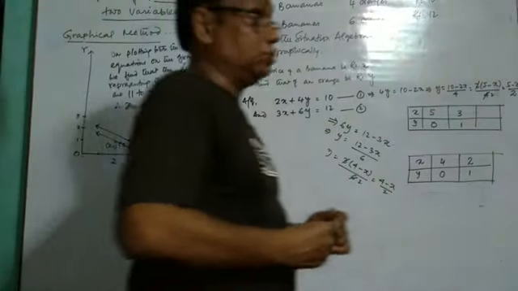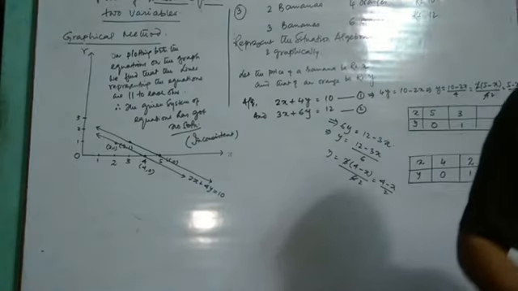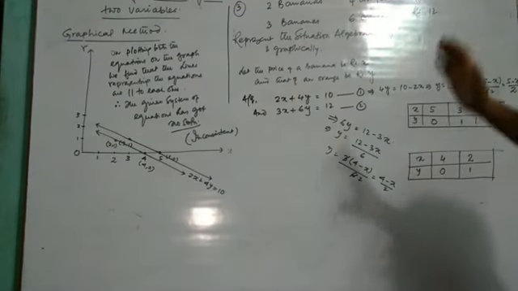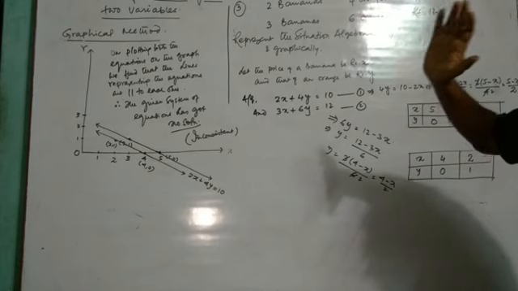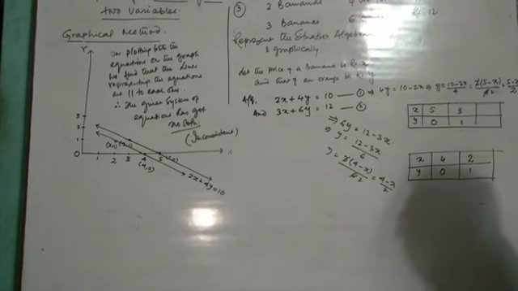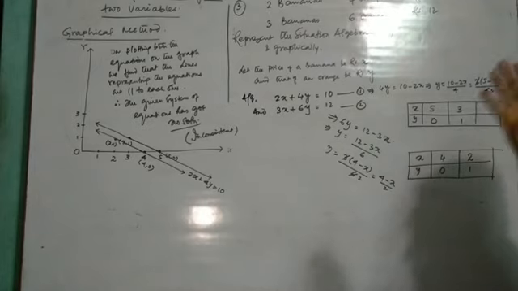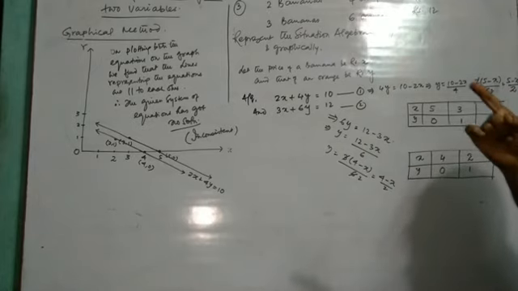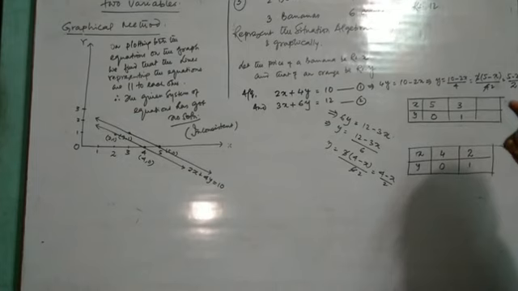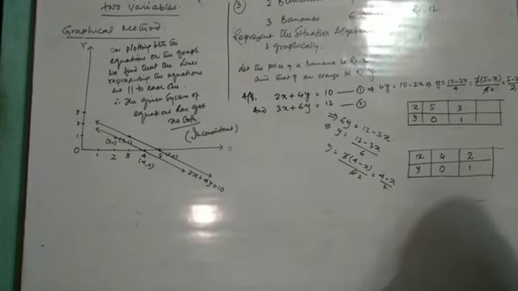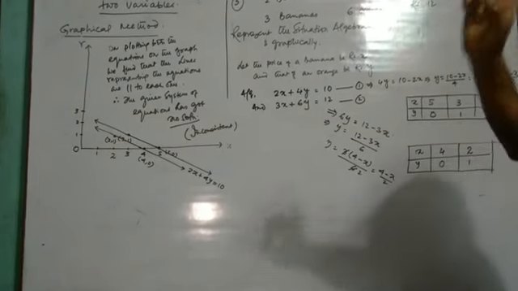So, dear students, I told you how to solve linear equations graphically, and in this connection I had explained three problems. Two questions are consistent. One is unique solution, the second one is infinite solution.